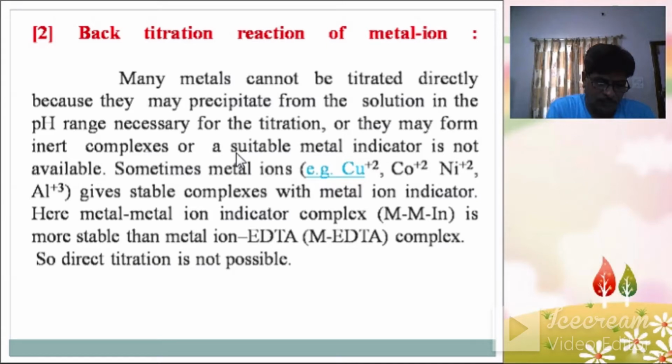Sometimes metal ions, for example copper, cobalt, nickel and aluminium, give stable complexes with the metal ion indicator. Here the metal-indicator complex is more stable than the metal-EDTA complex, so direct titration is not possible.